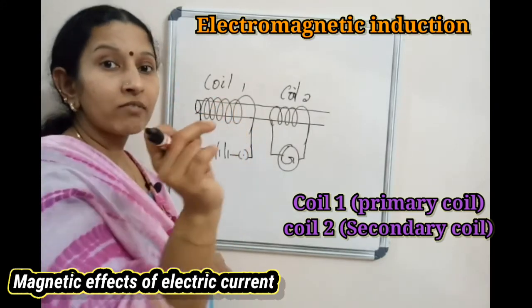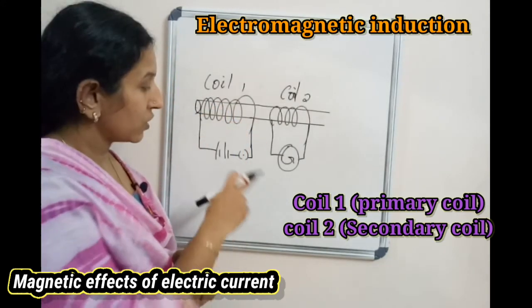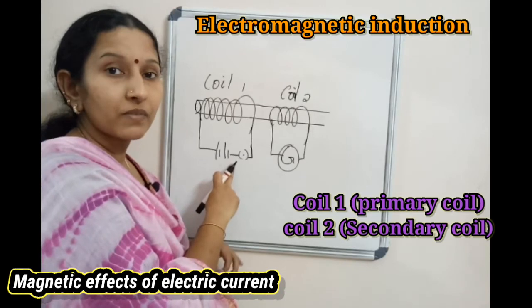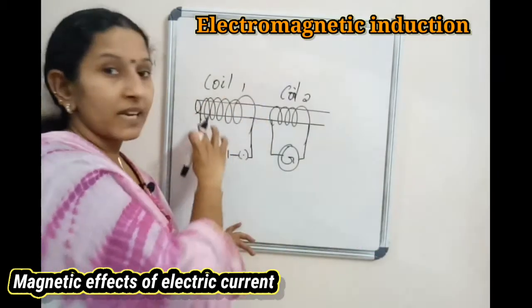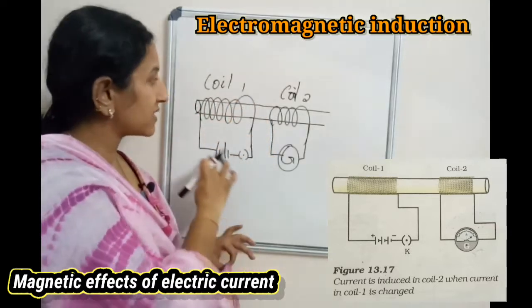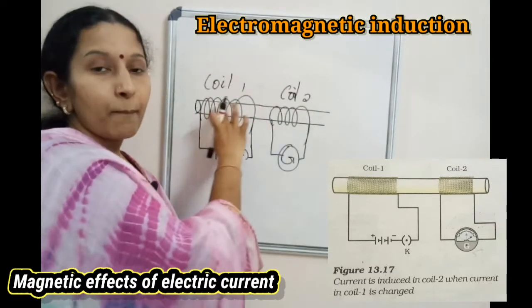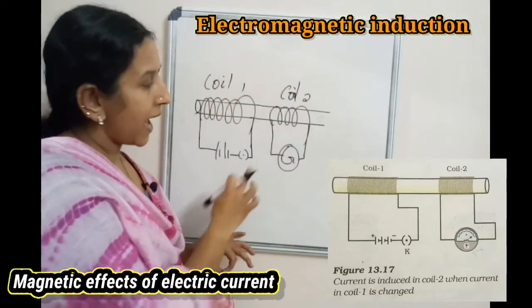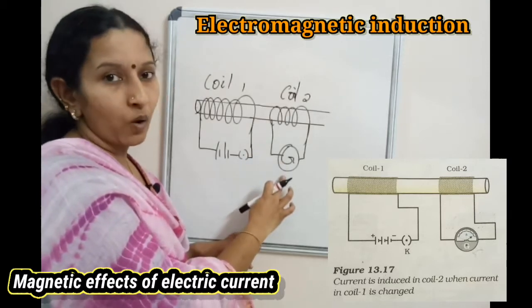You might be wondering, where is the magnet? On plugging the key, we can consider coil 1 as a magnet, that is an electromagnet, and this electromagnet is near coil 2.